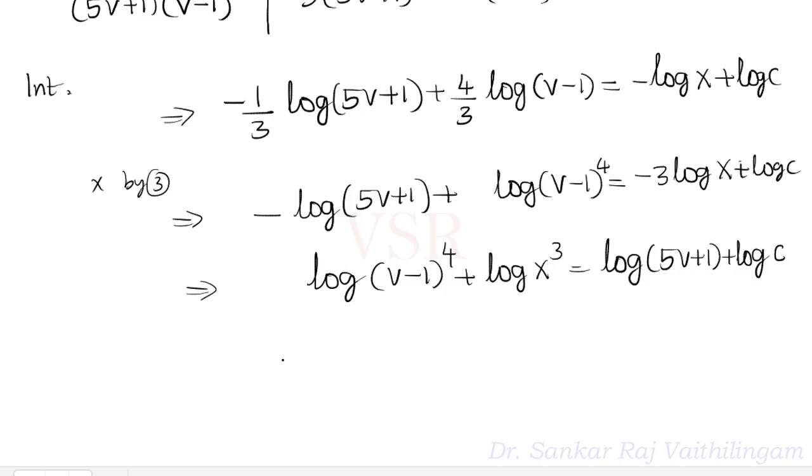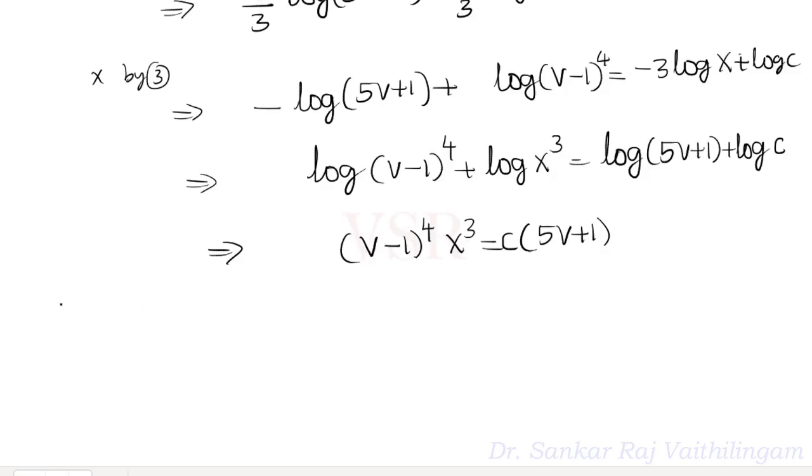Multiplying, v minus 1 the whole power 4 into x to the power 3 is equal to 5v plus 1 times c. Now instead of v, we substitute y by x.